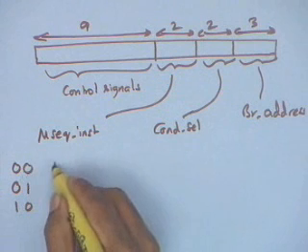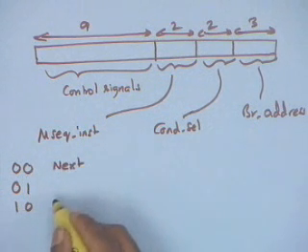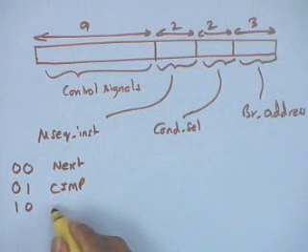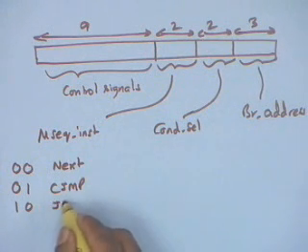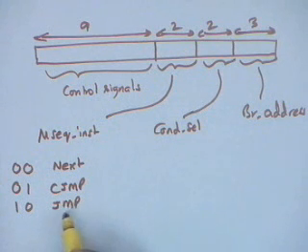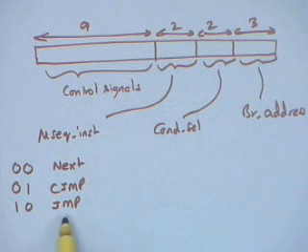I can say 00 is next, 01 is conditional jump, and 10 is jump, unconditional. I can of course choose any other encoding. Whatever I design should be compatible to this. It's not critical what coding I choose.